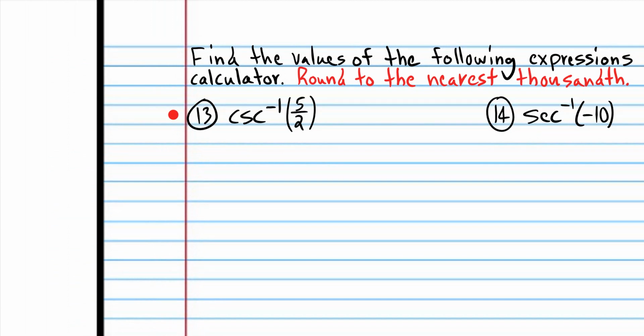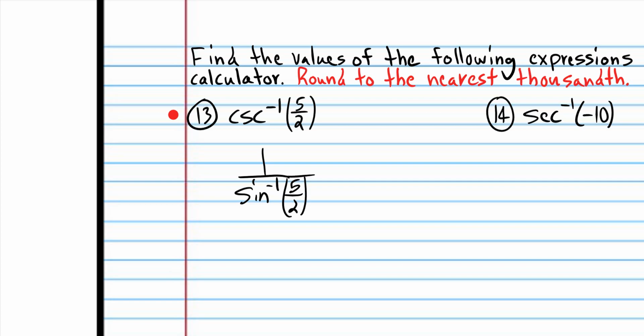Well, we're going to do what we did in previous problems. We're going to convert to a different function. Now, you're probably going to say, well, wait a second, can't we just use the reciprocal identity? Cosecant inverse 5/2 is the same thing as 1 over sine inverse 5/2. Unfortunately, that is not correct.